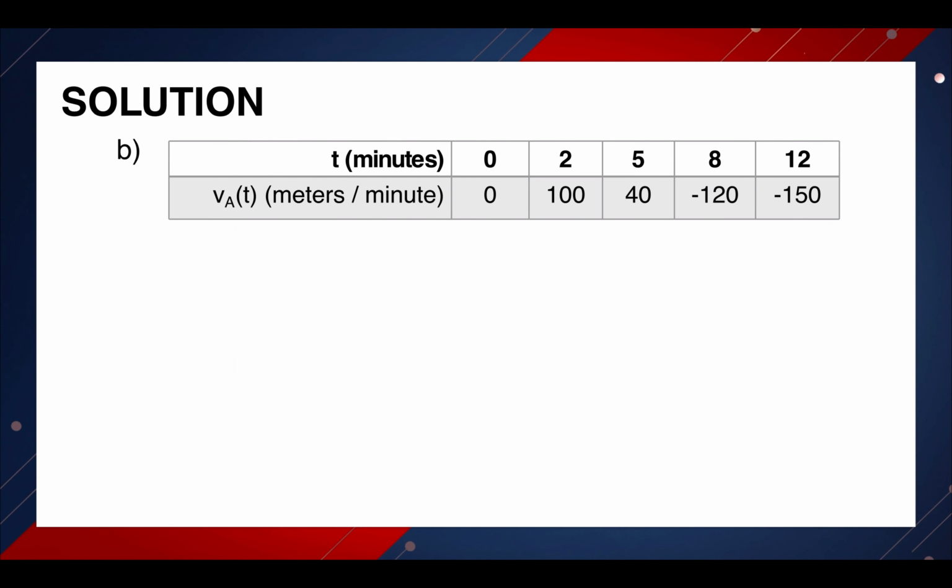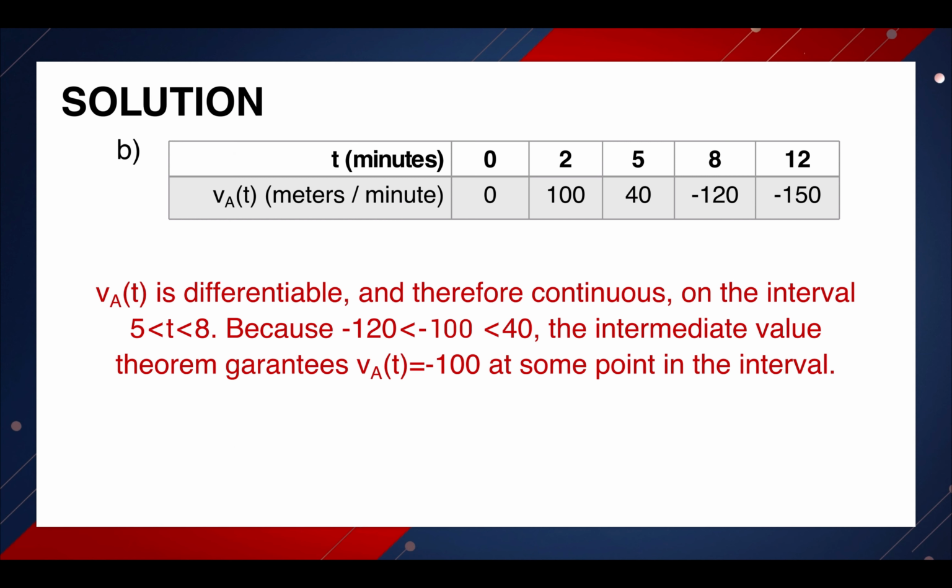And now moving to the second part of this question. Since v_A(t) is differentiable and therefore continuous on the interval 5 < t < 8, because −100, which is mentioned in the question, is greater than −120 and smaller than 40, the intermediate value theorem guarantees us that v_A(t) is equal to −100 at some point in the interval.